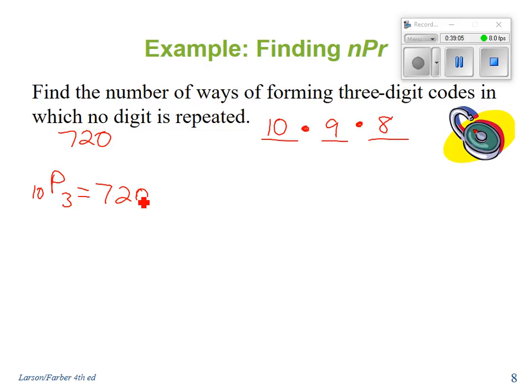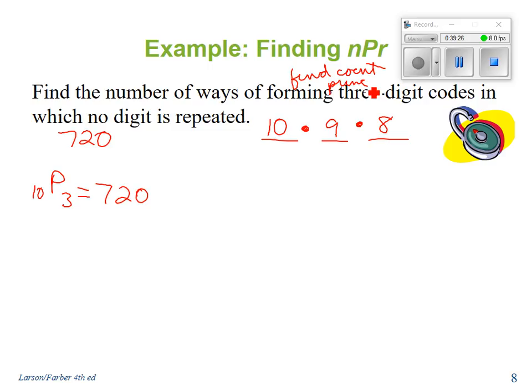If it's just a short one like this, where there's just 3 numbers you're picking, it's probably easier just to do it this way: 10 choices for the first one, 9 for the second, 8 for the third. We're using the fundamental counting principle that we learned last class or the class before.